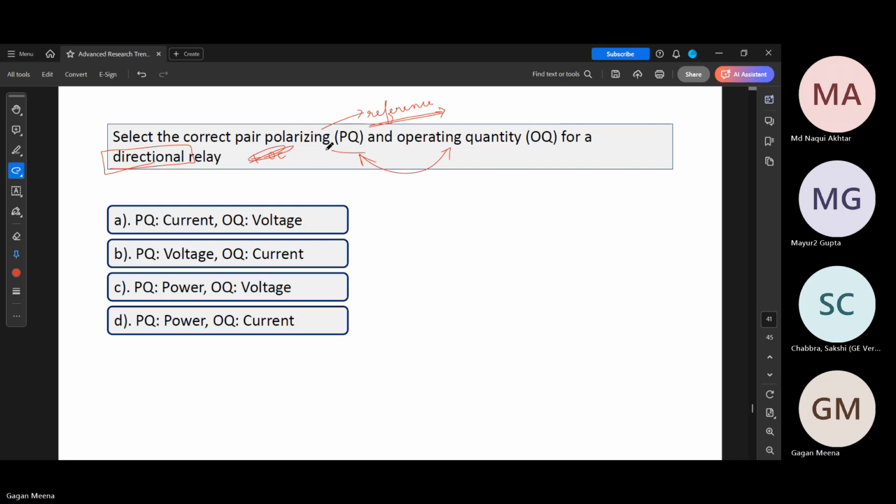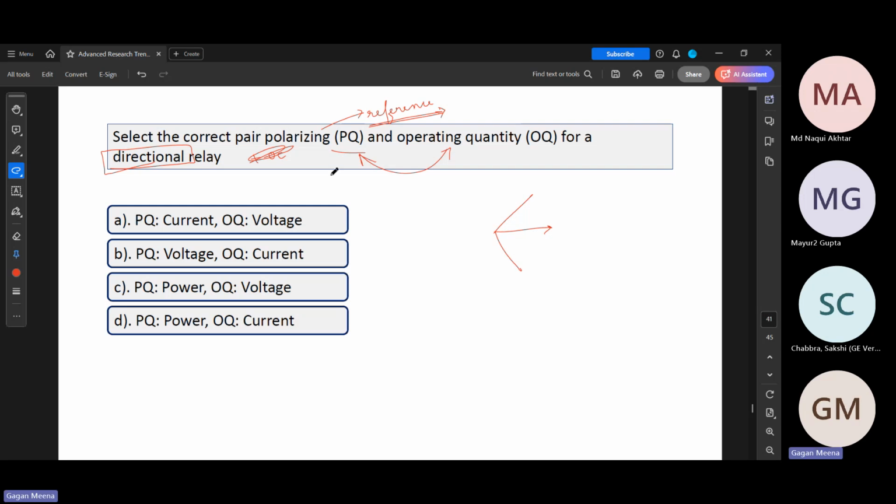This is the reference and we measure current with respect to this voltage because its phase changes drastically as compared to the voltage. It will change a lot. It can even become opposite.